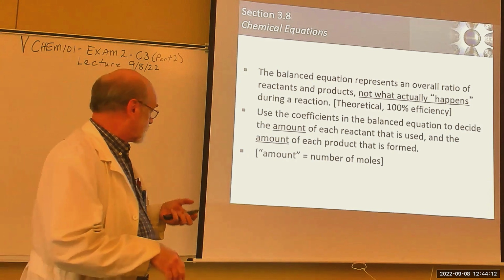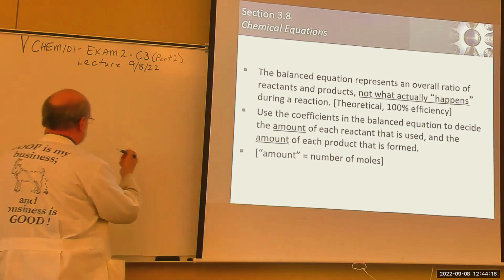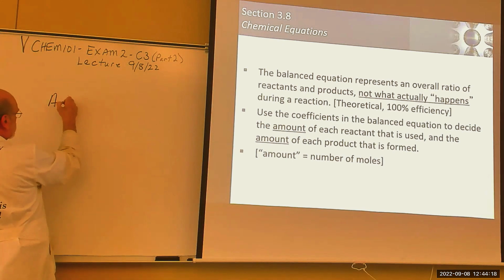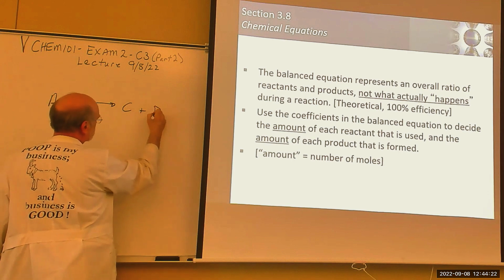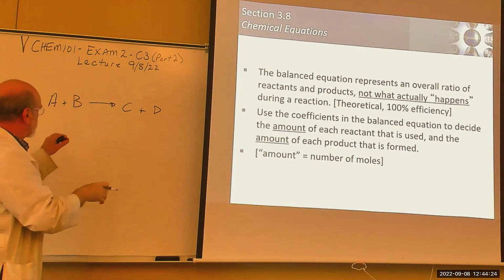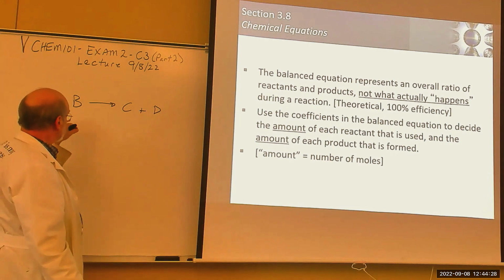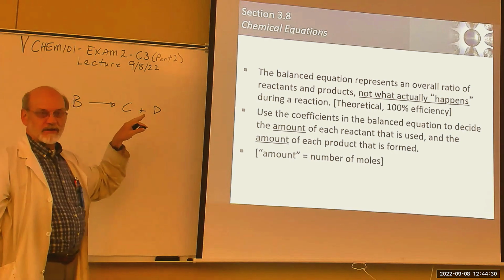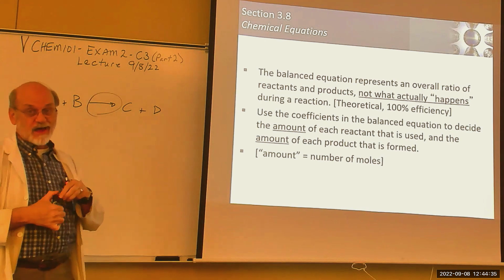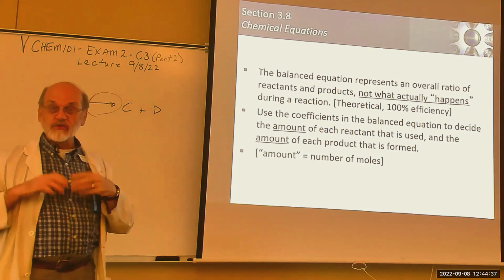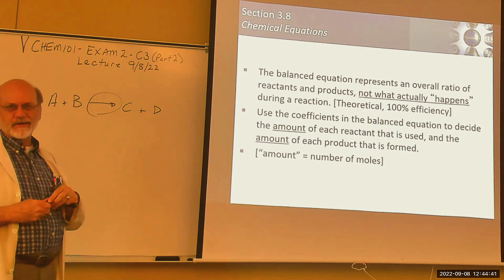And besides that, when we say we're reacting A and B and we're making C and D, this is an overall reaction. In other words, this is what we see going in and what we see coming out. But in here, there's usually a lot of activity, stuff that you don't see. And we'll tackle that later.